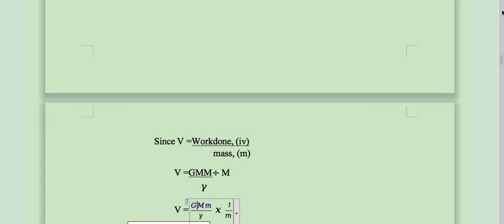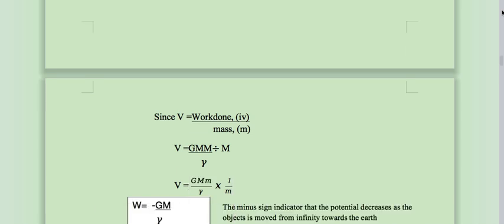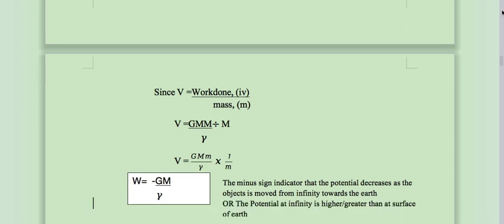Since I'm having division, I'll take the reciprocal of m to become times. My small m will cancel the small m. I'm left with what? The V is equal to what? Capital G, capital M, all over the R.